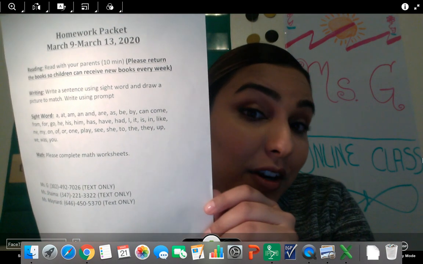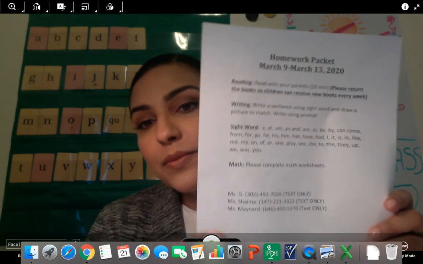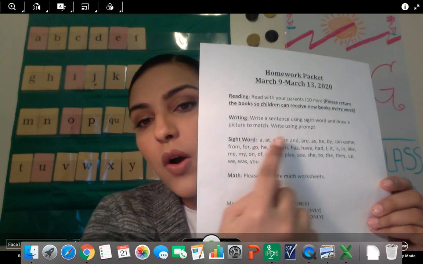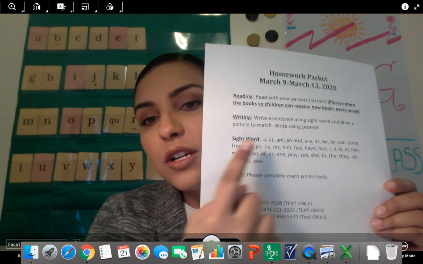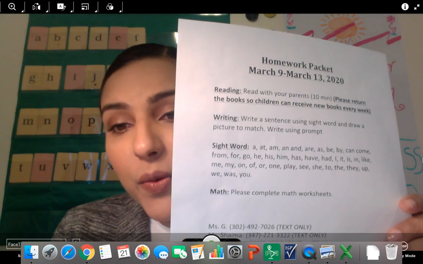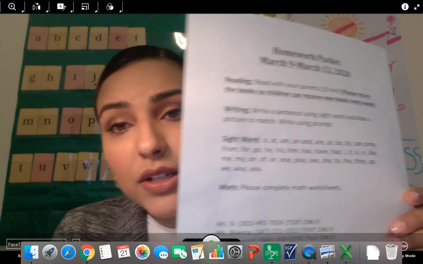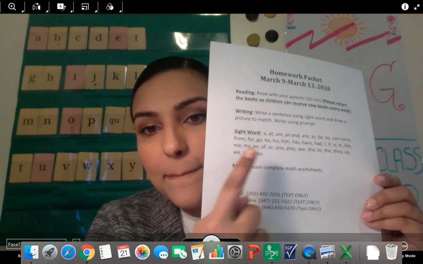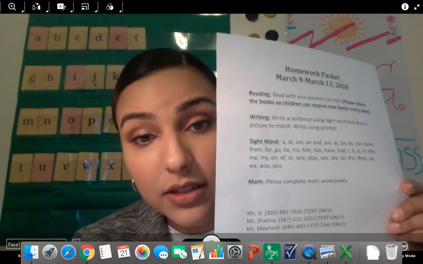Your homework packet. And in your homework packet, where it says sight words, all of these words were on our word wall, friends. So, if you're not sure, grab your homework packet and look for the word my, or the word you're using in your sentence.